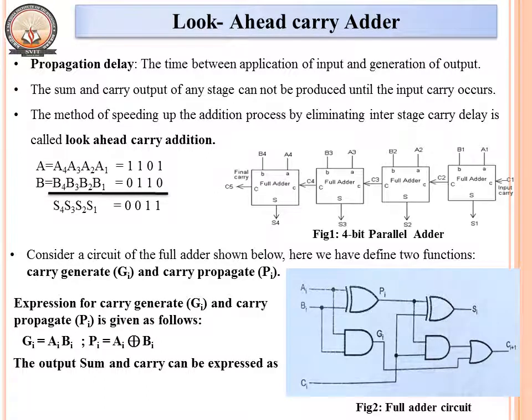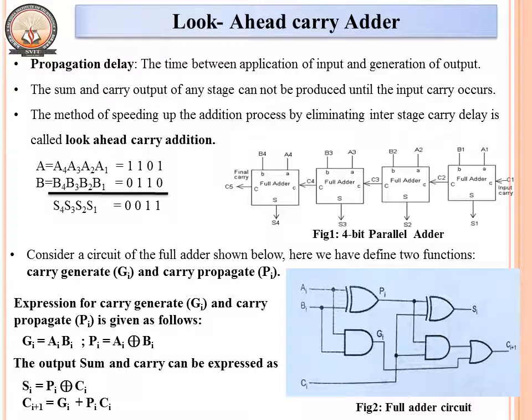That expression is given here. Then we can write the outputs Si and Ci+1. Si will be equal to Pi XOR Ci, and Ci+1 will be equal to Gi plus Pi Ci, that is given here.